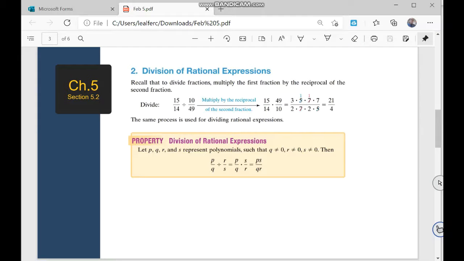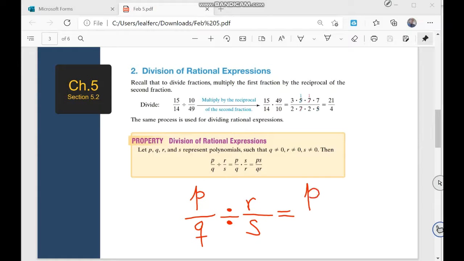If you have, let's say, P over Q divided by R over S. Okay? So P over Q divided by R over S. You're going to work this out by, first you repeat P over Q. Don't change anything here.